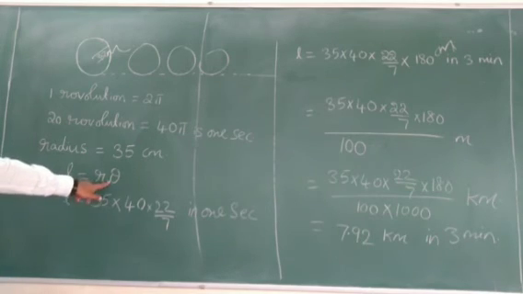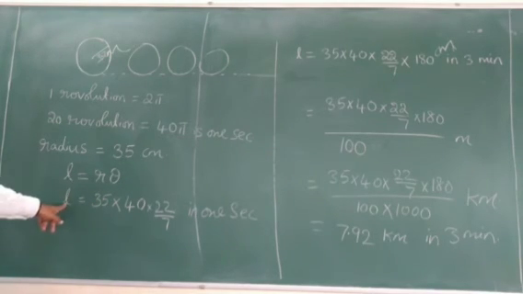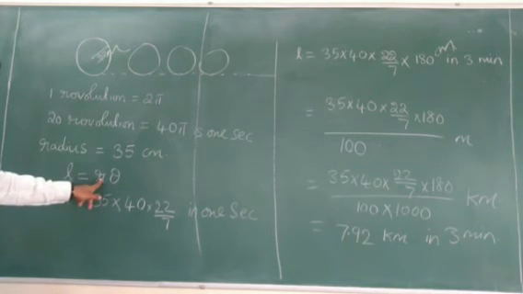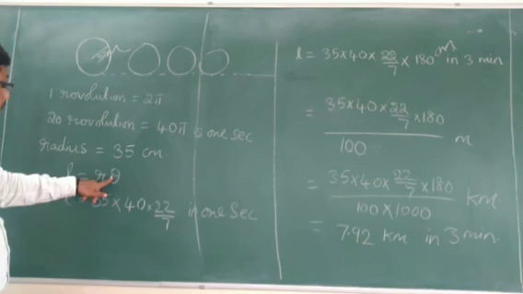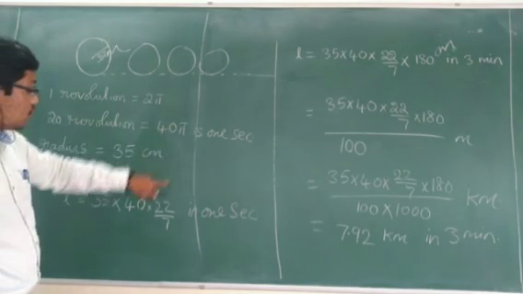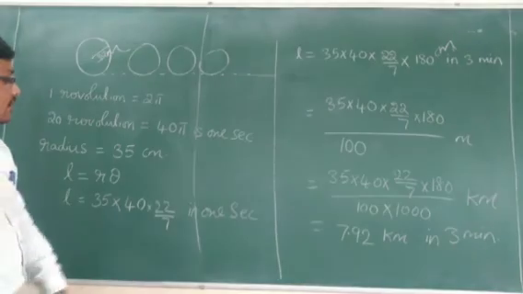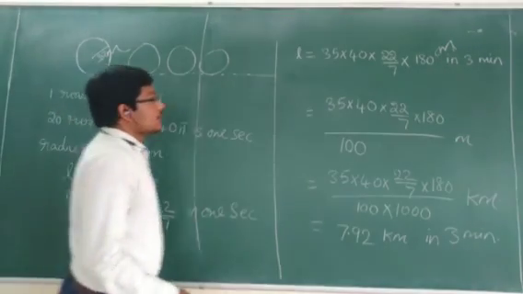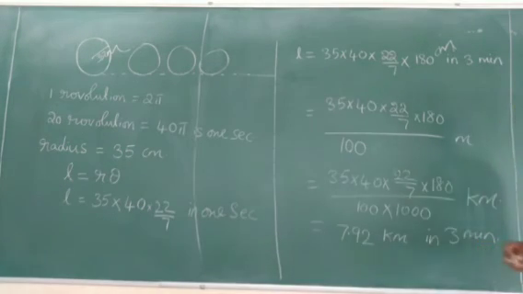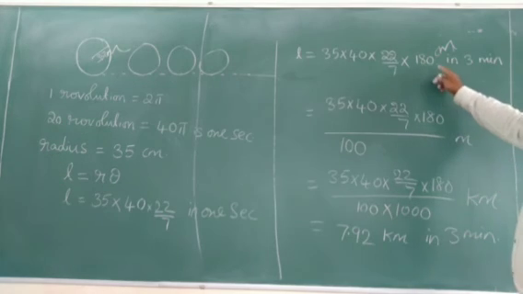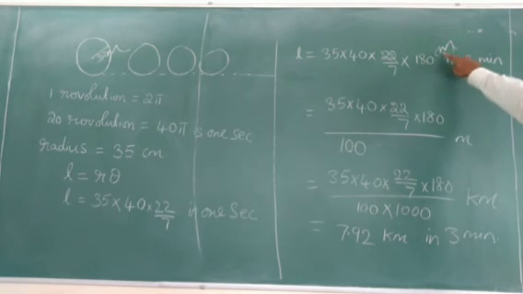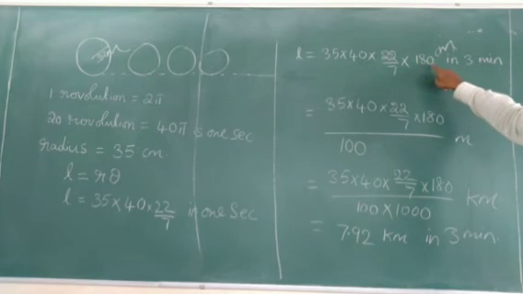Now L equals r theta. Using the formula, L equals 35 centimeters into theta, where theta is 40 into pi, which is 22 by 7. This is in 1 second. If I want 3 minutes, 3 minutes is equal to 180 seconds, so I multiply by 180. The result is in centimeters for 3 minutes.